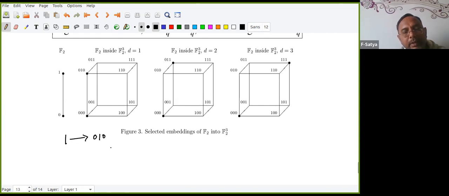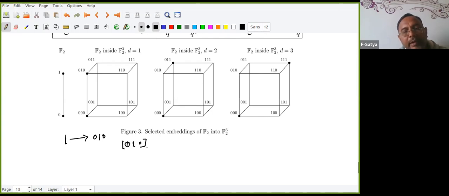Now, what is a linear transformation? So, what is my generator matrix here? 1 only. The generator matrix is where 1 maps to. 1 maps to 0, 1, 0.